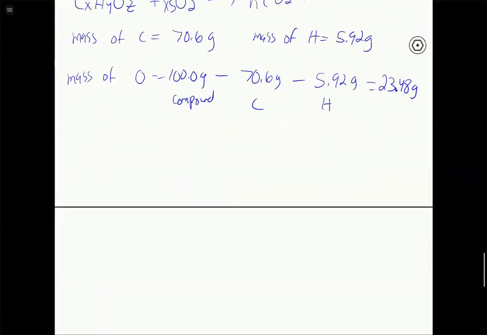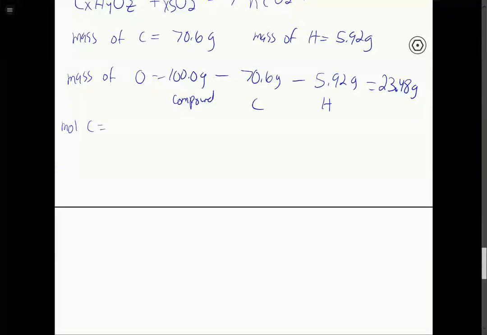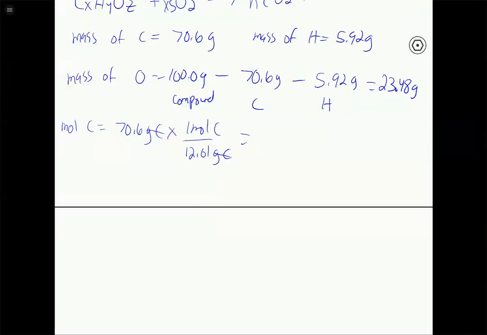Alright, so we're going to find the moles of each element. Moles of carbon: we have 70.6 grams of carbon. The atomic mass of carbon is 12.01. So we get 5.88 moles of carbon.